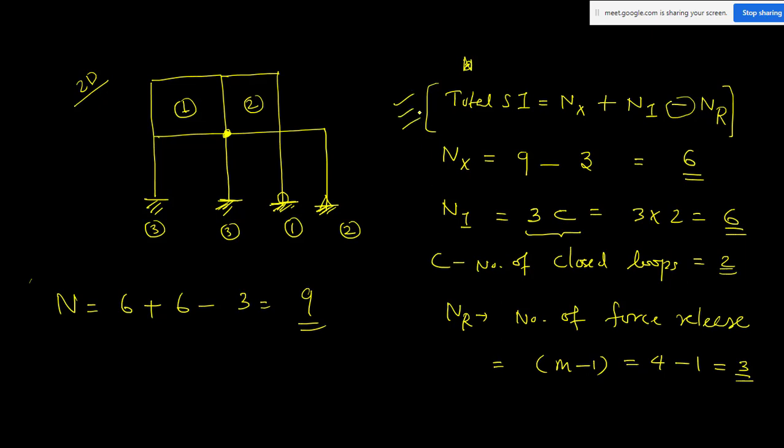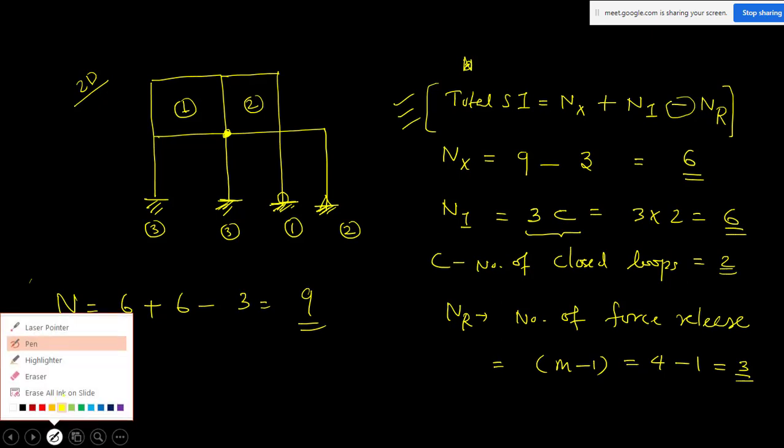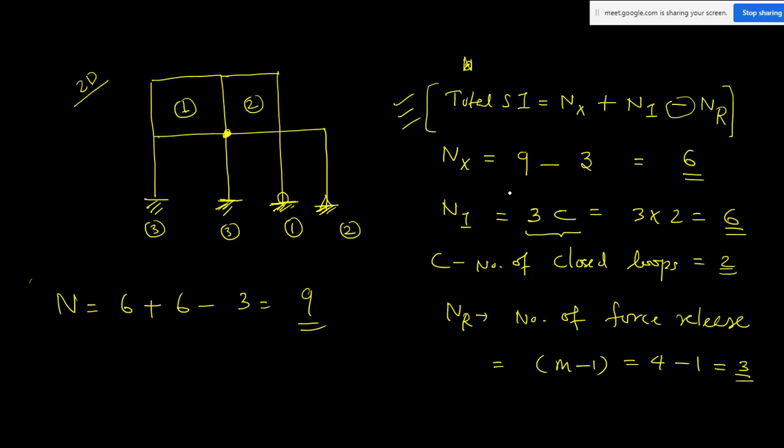Excuse me, sir. Yes. Sir, can you please show the nx equal to 6 in the frame? Okay. So here I have a reaction. Don't go with the numbers, always try to make it like this.